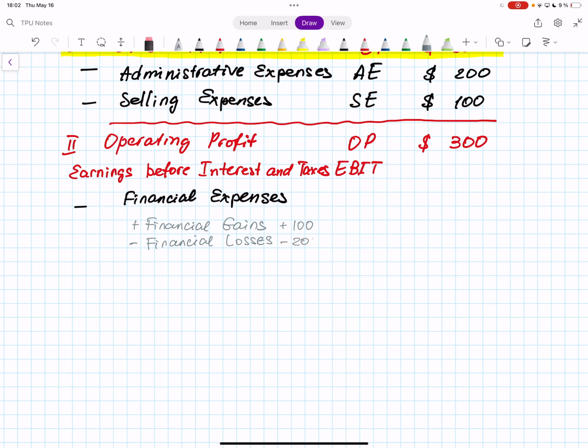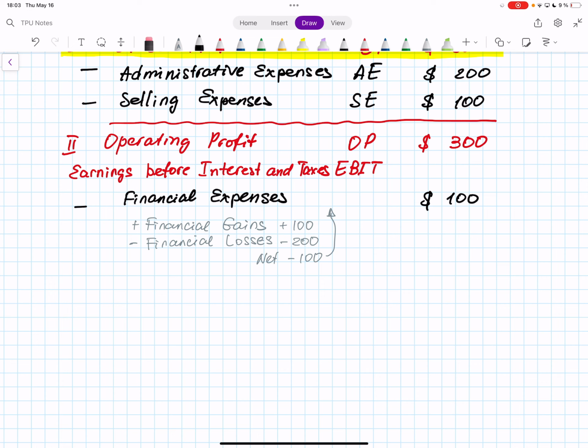Let's say 200. So what will be the net? Минус 100. Minus 100. So this minus 100 goes to the financial expenses, and we write down here 100 of financial expenses, means like with the minus already, because it's expenses.